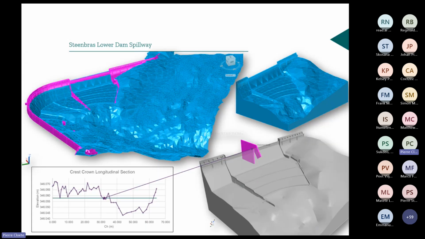Okay, so for the lower dam spillway, we received a very detailed survey, which was great, as it's not always that readily available. Apart from the main survey of the greater area, we also got a fairly detailed survey of the crest of the dam wall, which is very interesting to see the deviation that the crest had from just having a singular overflow elevation.